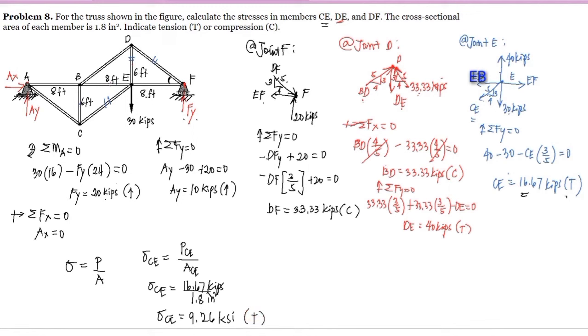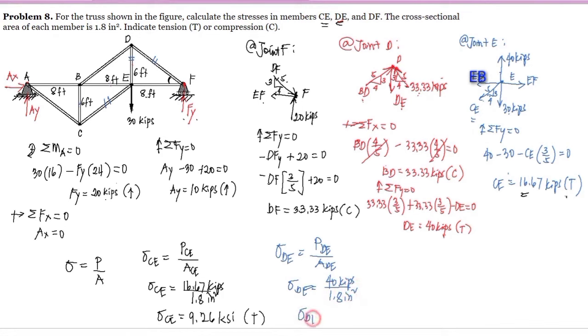So for member DE, we have stress in DE is equal to force in DE over area of DE. So we have stress in DE is equal to, it's 40 kips, and the area is 1.8 inch square.